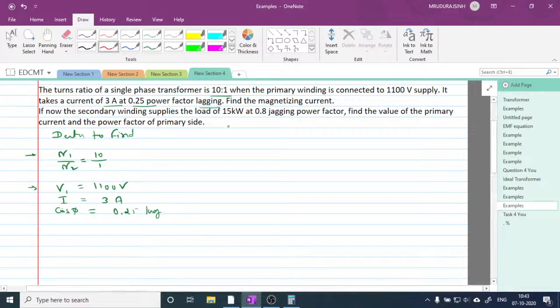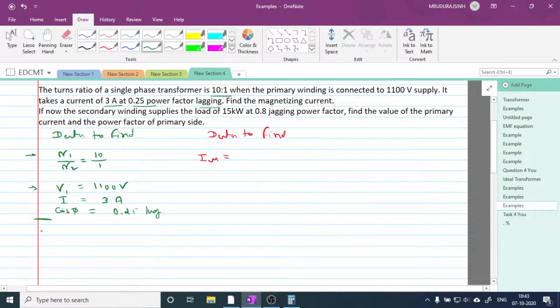Okay, so now we need to find magnetizing current I mu. If now the secondary winding supplies the load of 15 kilowatt. Okay, so from here the next condition is given.